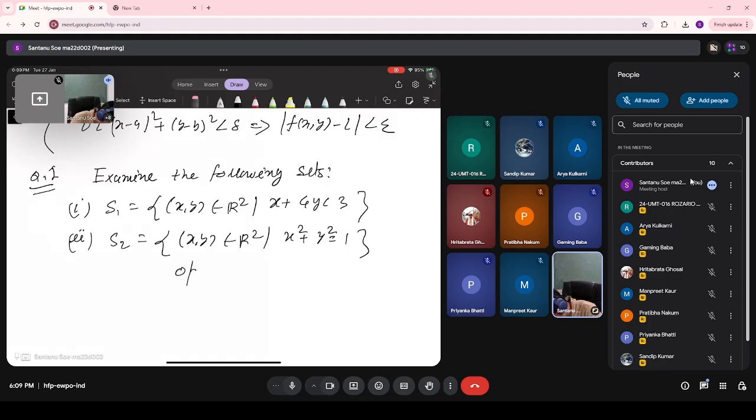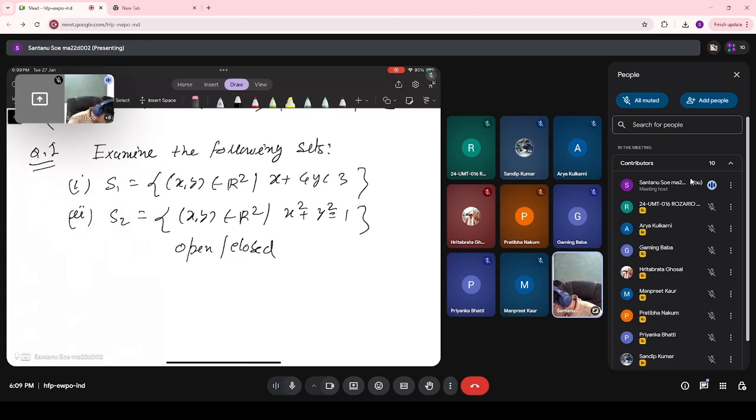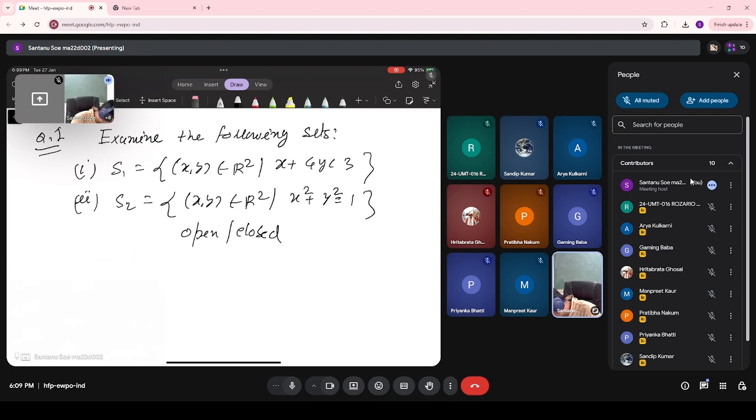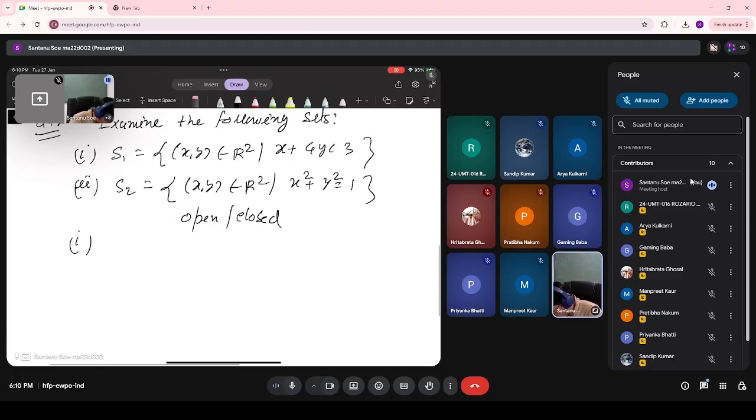So that means we have to find out whether S1 is open or closed, whether S2 is open or closed, and so on. So let us come to the first question, that is S1. S1 is nothing but a straight line, right?